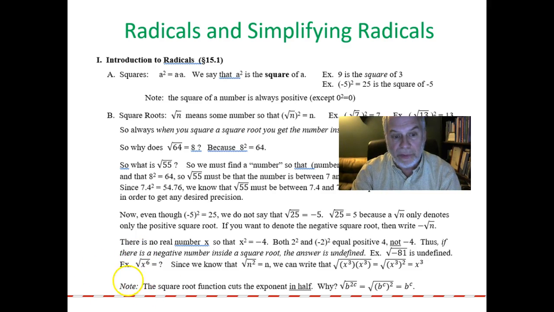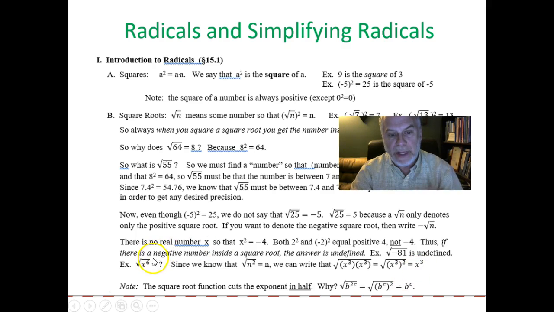Now, what do you do if you have something like the square root of x to the 6th power? Well, you can try to write it as something squared inside the square root. So we know that x to the 3rd times x to the 3rd is x to the 6th. So I could write that as x to the 3rd squared. And so the square root of that, well, the square root and the squaring just cancel each other out, so you just get x to the third.